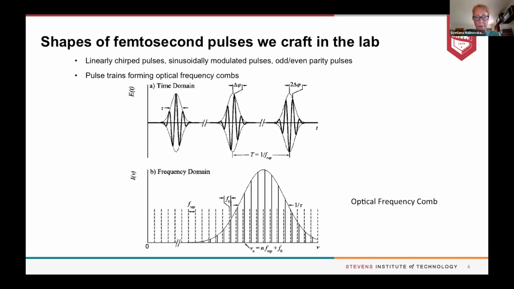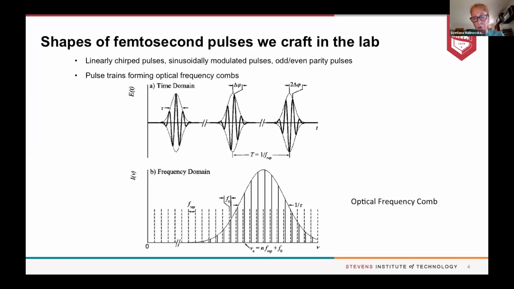They form a pulse train, which, when you take the Fourier transform to the frequency domain, produces a so-called optical frequency comb. The upper panel is the pulse train with specific properties of the phase, and the lower panel shows the Fourier transform of this pulse train, which is essentially a large number of very accurately positioned, narrow-band peak intensities. This is called an optical frequency comb.